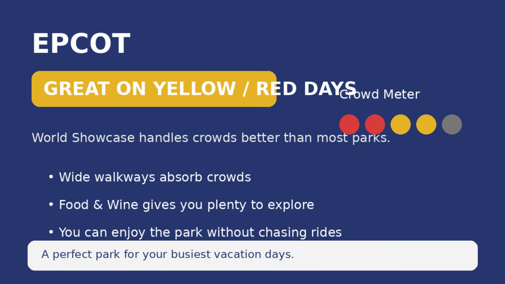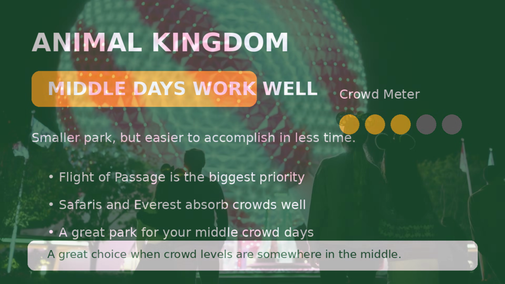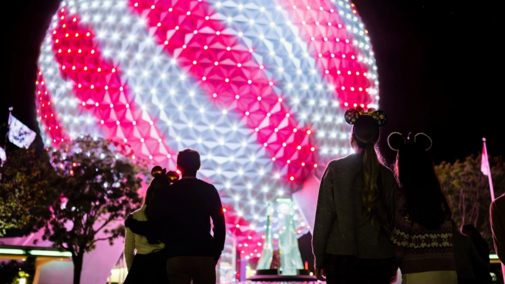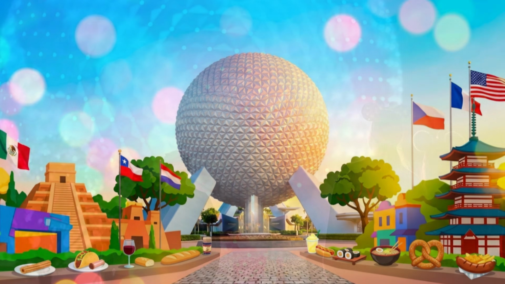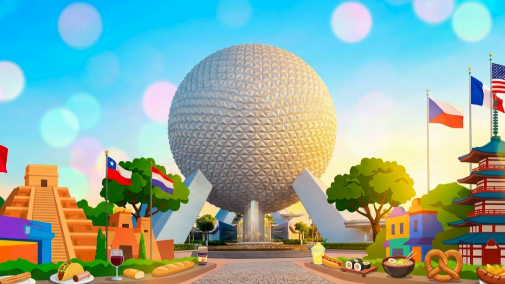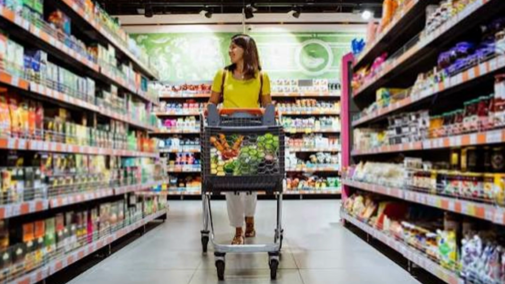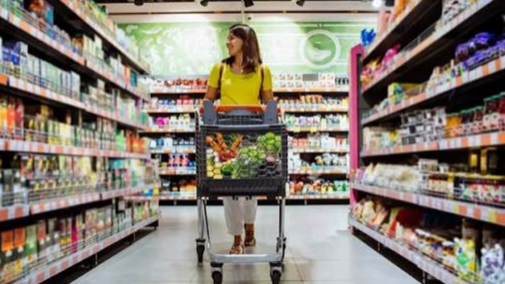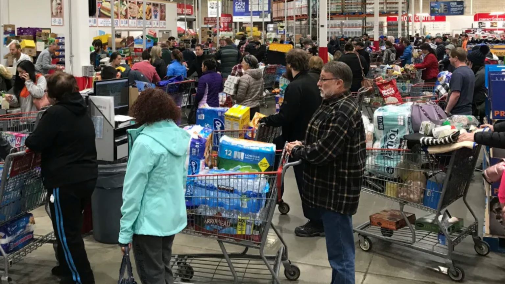On your heavier crowd days, and every trip usually has at least one, that's when Epcot World Showcase shines. You could spend a beautiful day eating your way around the world without feeling like you're fighting anyone for space. Think of it like grocery shopping. Saturday afternoon and Tuesday morning are technically the same store, but they feel like completely different places.